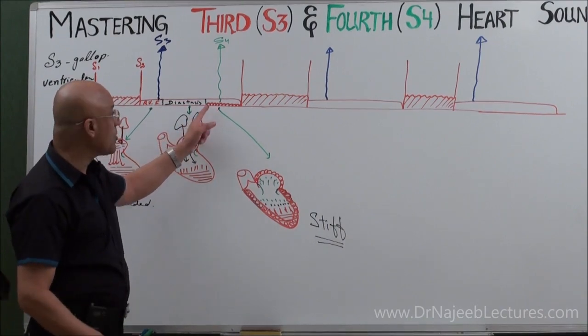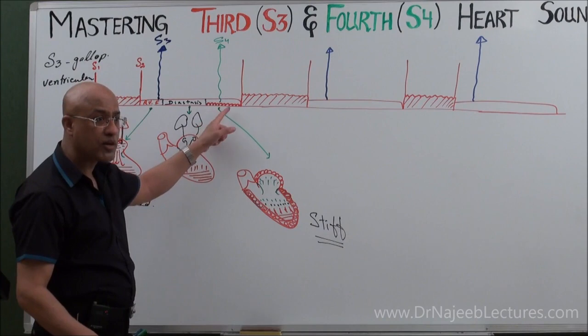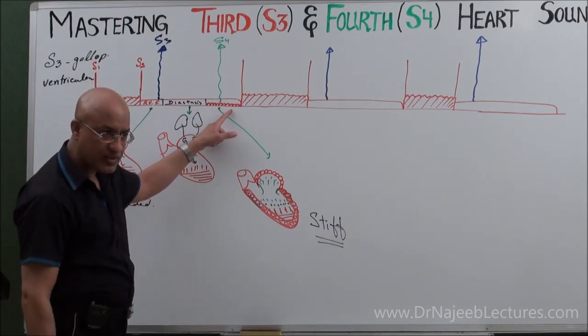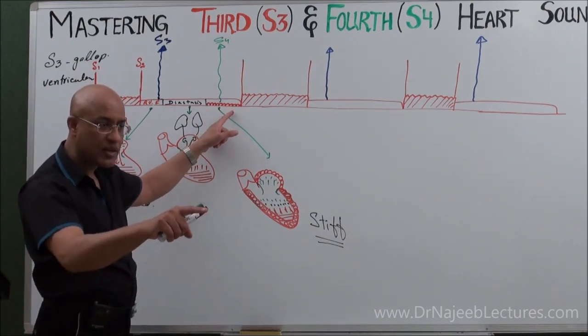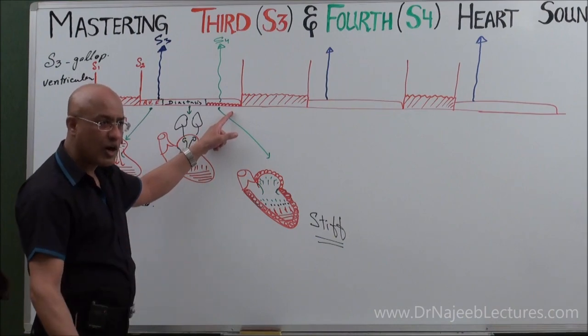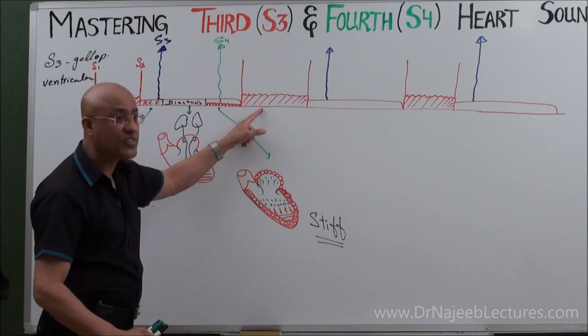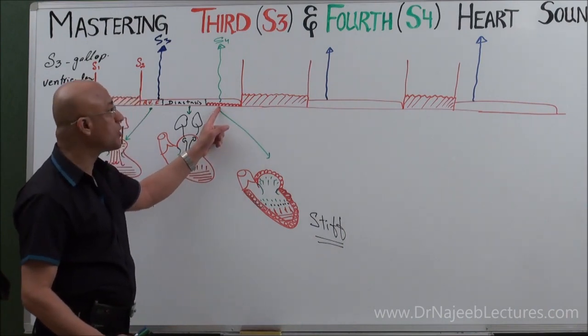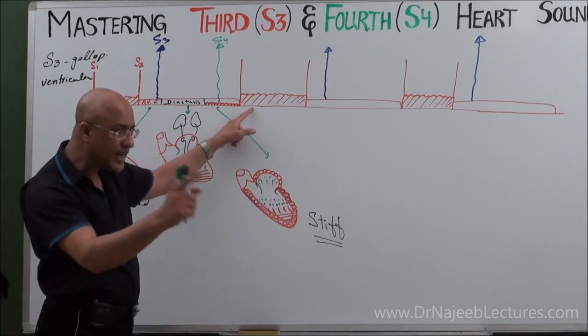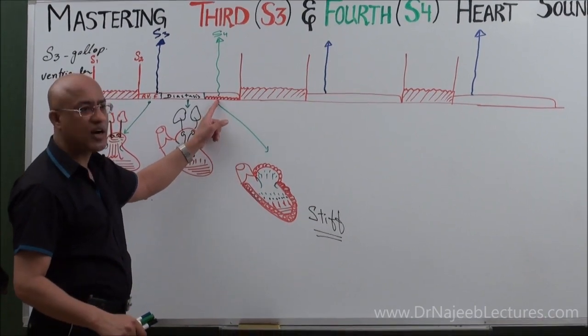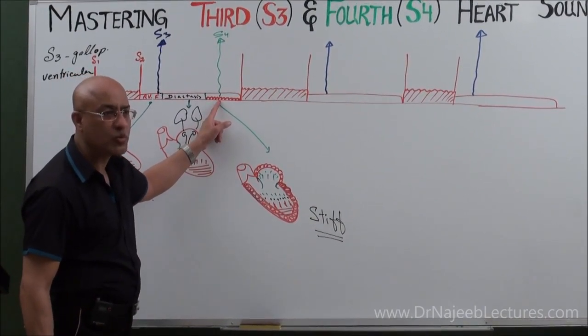S4 is produced in the last part of ventricular filling, in the last part of ventricular diastole. Or we can say this sound is produced just before the next systole. Because of this, it is also called a pre-systolic sound.